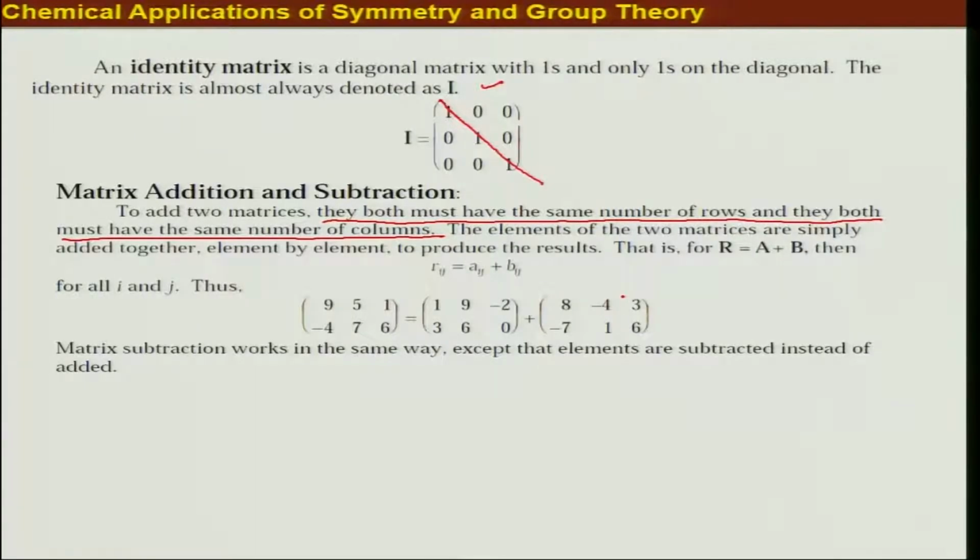But if I had a matrix something like 1, 2, 3, 4, 5, 6, 7, 8, 9, I could not add this to the other matrix, because the first row and second row would be fine, but the third row will not work. So I cannot do this element by element addition. So that is the condition for addition or subtraction, and how you do it I told you, and this is specifically mentioned here. Okay, and this is true for both subtraction as well as addition.